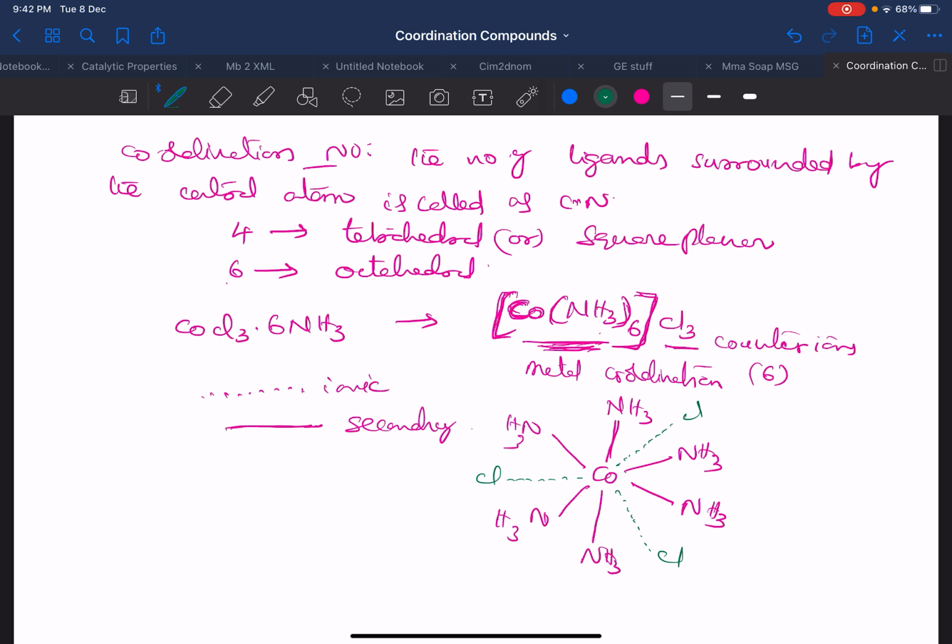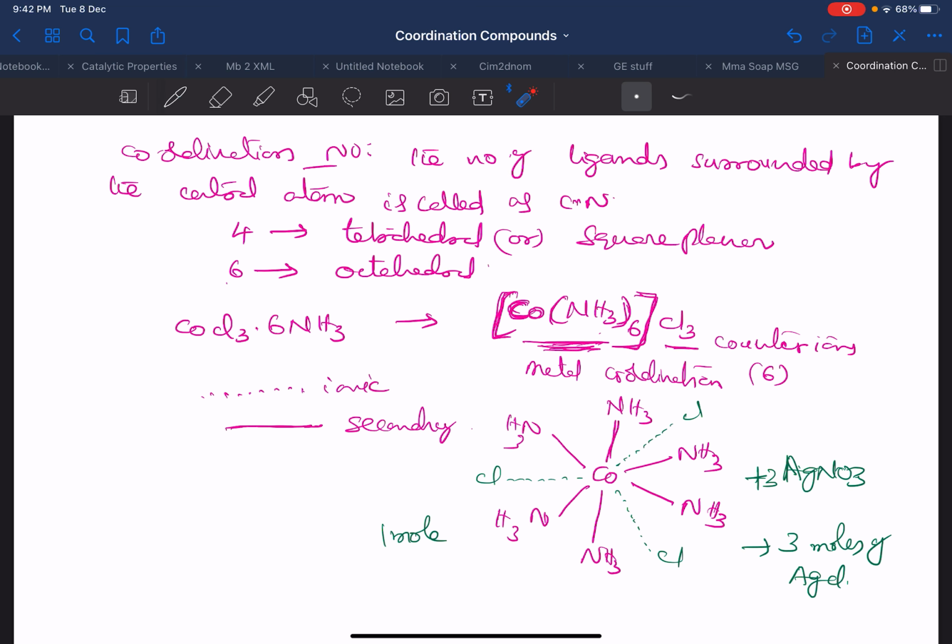Here, if we treat 1 mole of CoCl3·6NH3 with AgNO3, silver nitrate, it gives 3 moles of AgCl precipitate. Why does it consume 3 moles of AgNO3 and give 3 moles of AgCl?